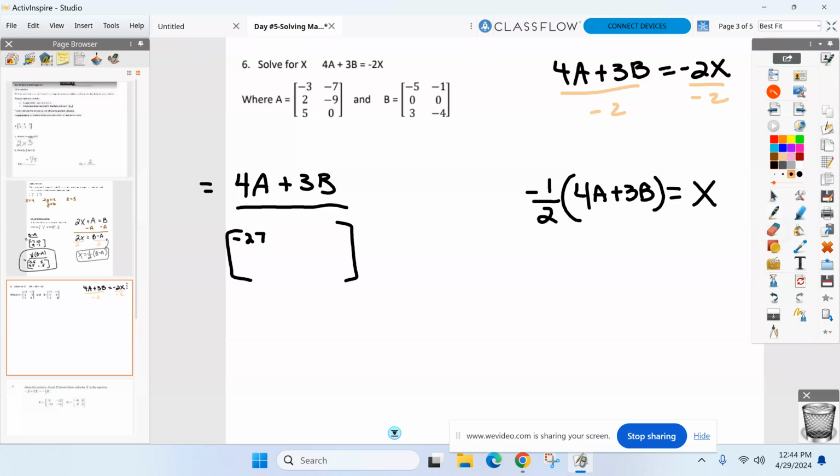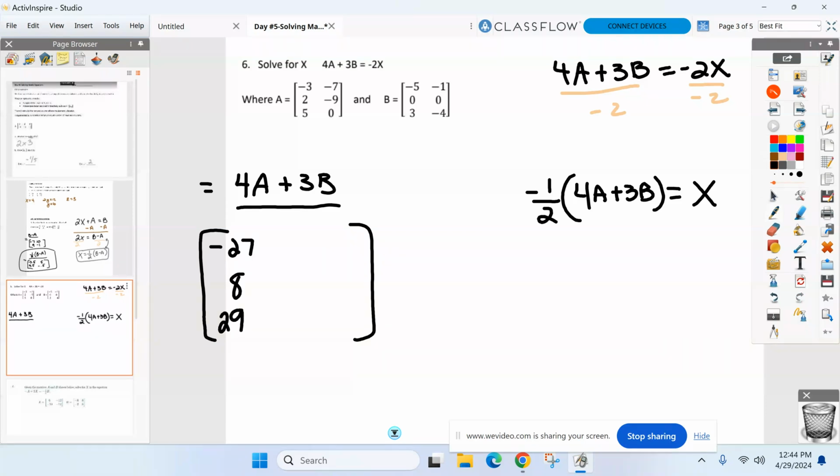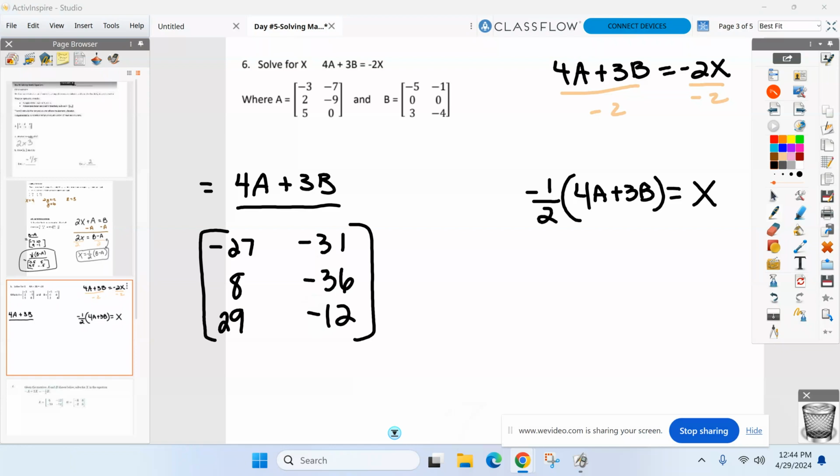I've got to make that bigger. This is just 4a plus 3b, what I have up on the board, I hope.